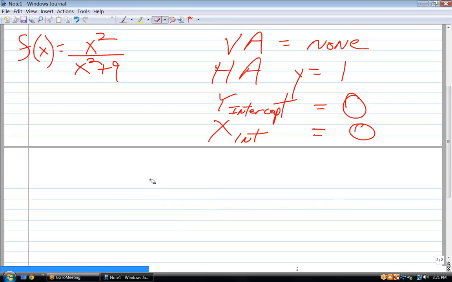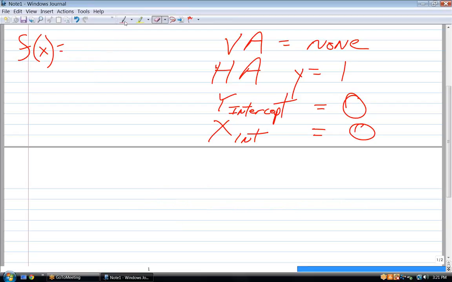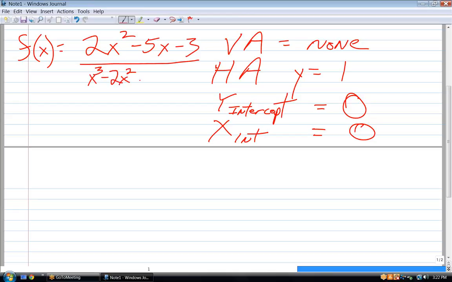Okay, this one asks you to do the same thing. It's 2x squared minus 5x minus 3 over x cubed minus 2x squared minus x plus 2.